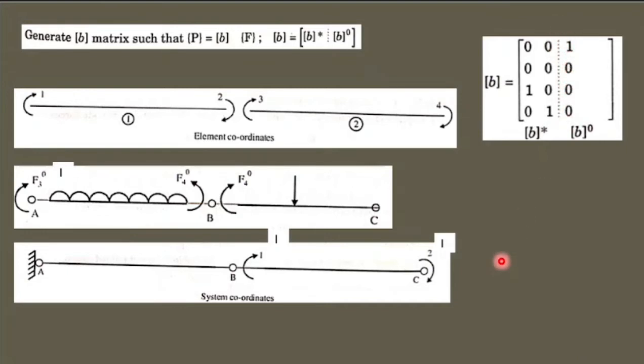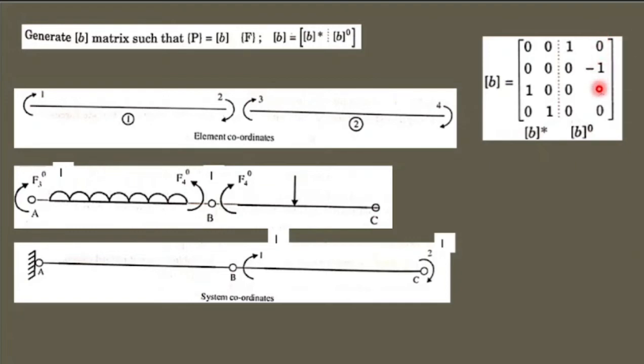And finally, apply 1 kilonewton force at the joint. Now at this joint you know that this is a partially hinged, you have -1 and +1. So if you are applying any force at this joint, it will become -1 and +1. So you will be having 0, -1, +1, 0. So this will be the last matrix.